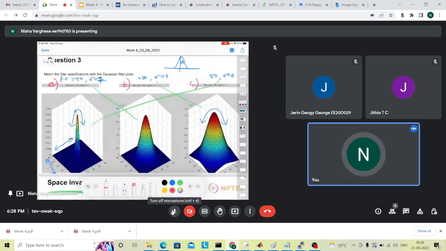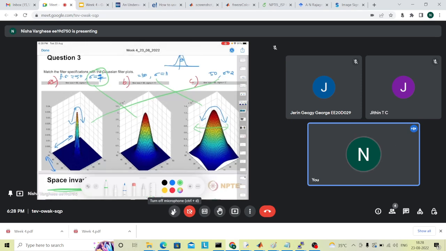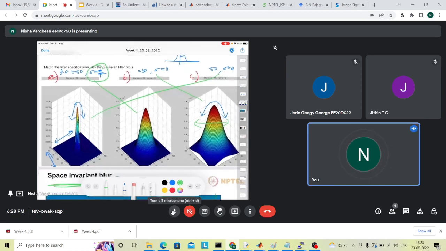The question was, which one has more standard deviation, sigma. The answer is, the flatter the plot, the larger the sigma. So the third picture will have the maximum sigma, sigma equal to 11. The first one has lesser sigma, sigma equal to 2.